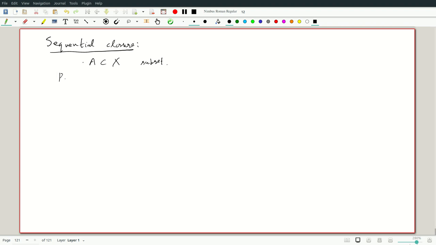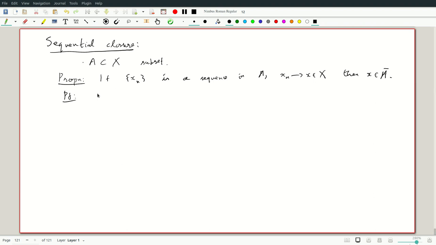Then the following proposition is true: if x_n is a sequence in A and x_n converges to x, which need not be in A but is in X, then x need not be in A but it's in its closure.